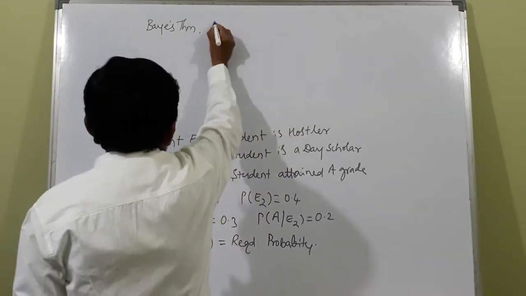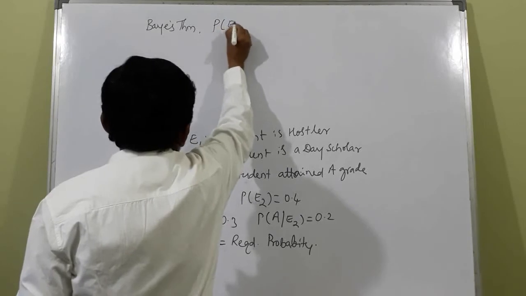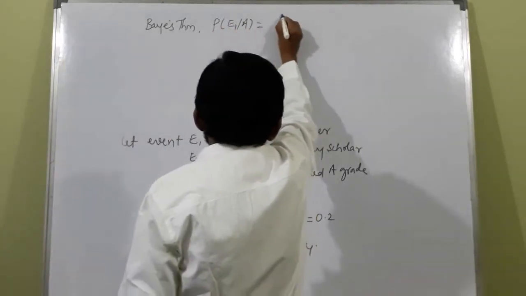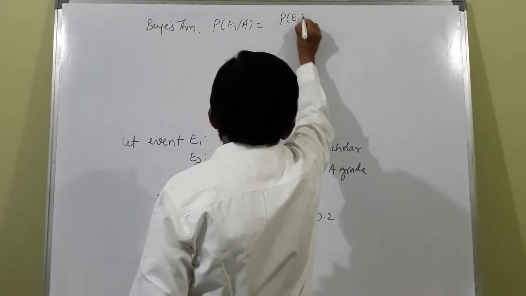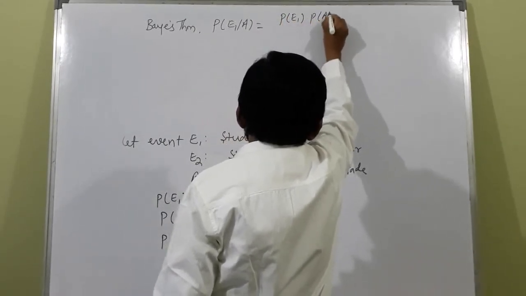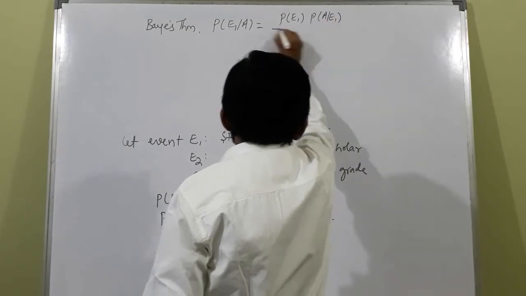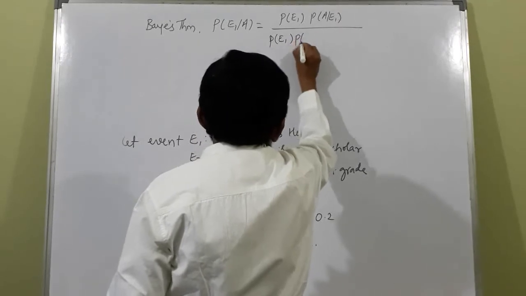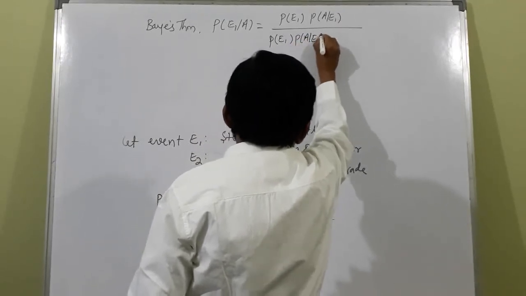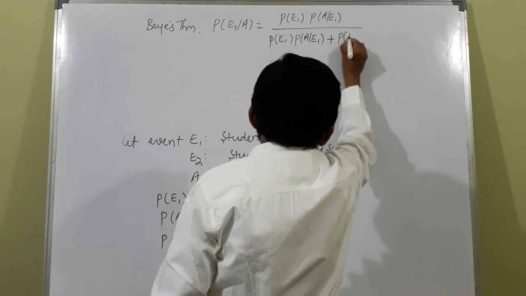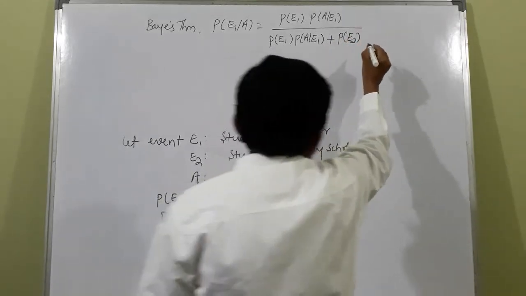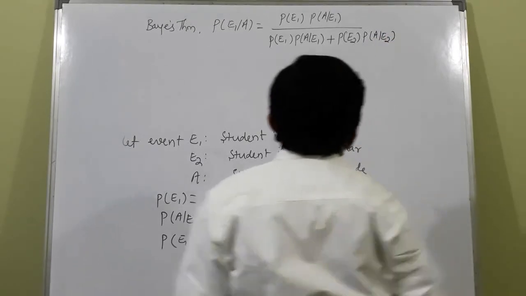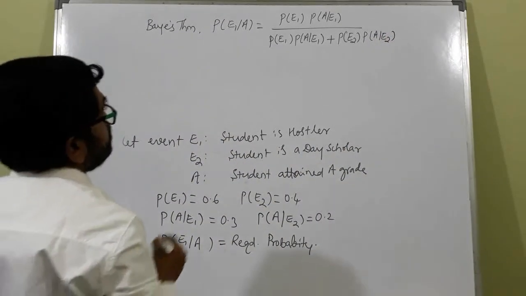So probability of E1 given A is equal to probability of E1 into probability of A given E1 over probability of E1 into probability of A given E1 plus probability of E2 into probability of A given E2. Okay.